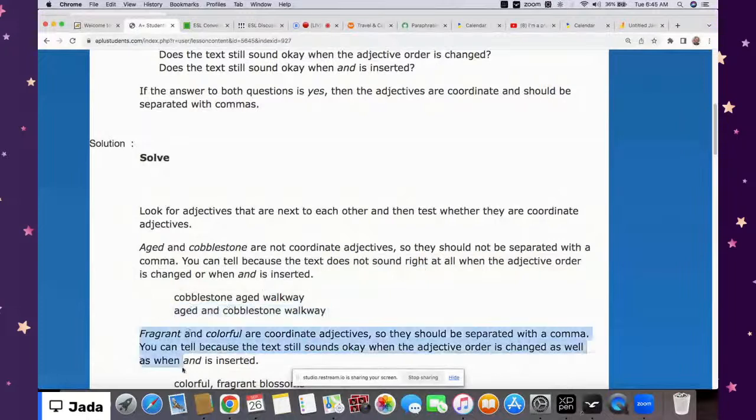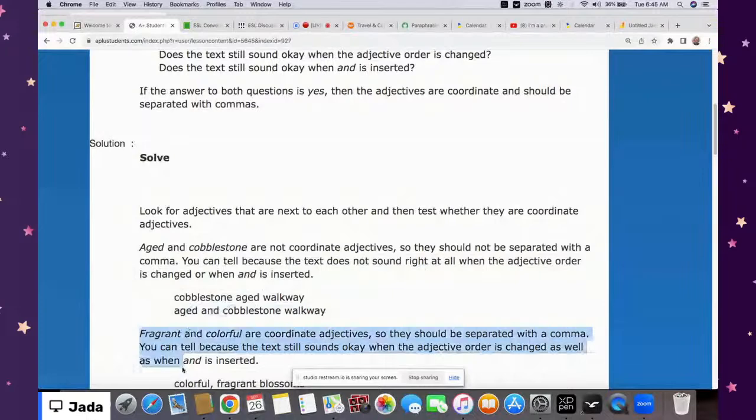So now, fragrant and colorful are coordinate adjectives, so they should be separated with a comma. So you can say yes, fragrant, colorful, yes. They are coordinate adjectives, and then they can be separated.